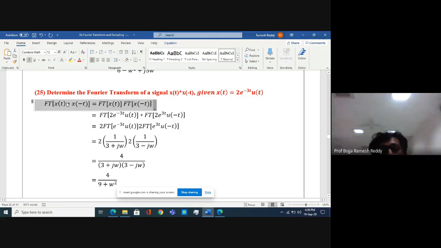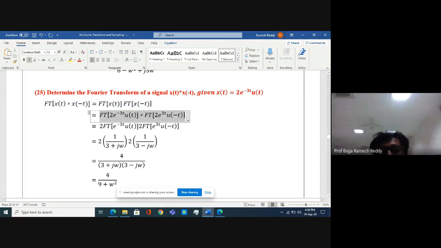Convolution in time domain leads to simple multiplication in frequency domain. So the Fourier transform of this is the Fourier transform of x of t into the Fourier transform of x of minus t, an ordinary product. The star becomes a normal product.